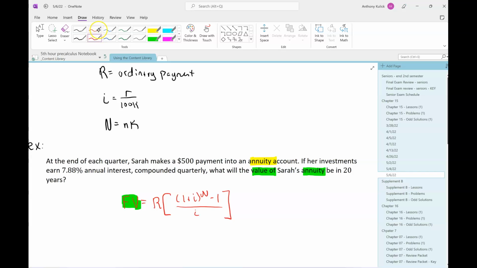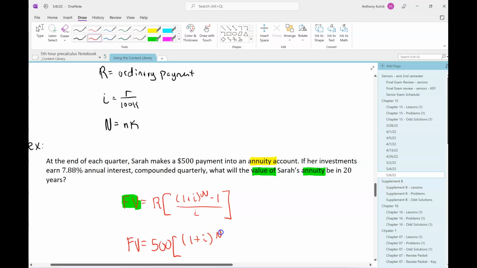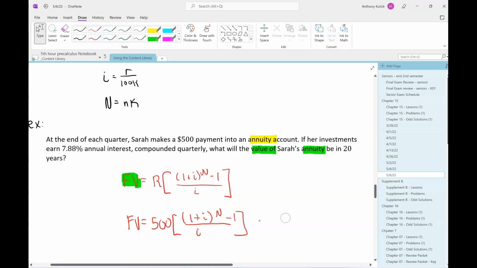All right, let's start filling some things in then. What is the value for R? 500, that's the ordinary payment, the payment amount that you make every so often. I'm not going to fill in a number for i or cap N. I'm just going to write off to the side the equation for little i, which was 7.88, the interest rate, over 100 times k.